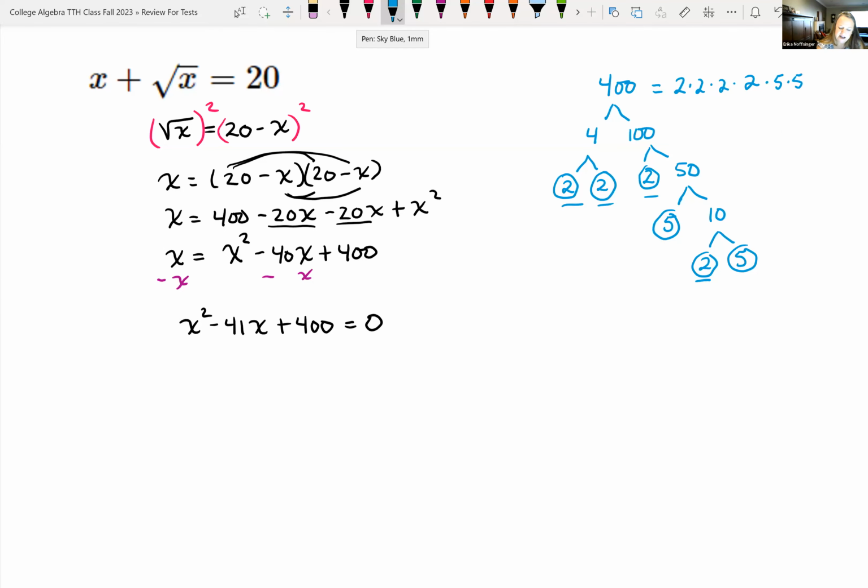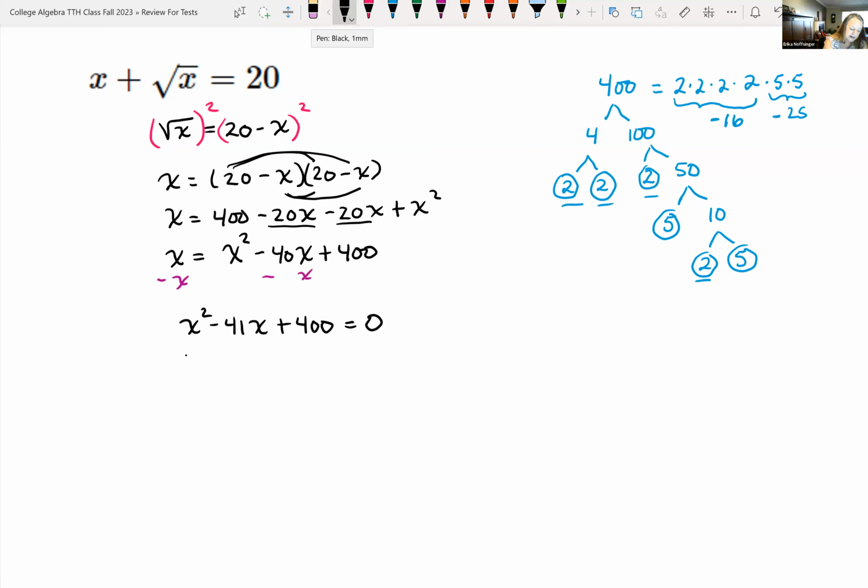So 5 times 5 is 25. 2 times 2 times 2 times 2, 2 raised to the 4th power is 16. Notice if you sum those, that's 41. If we make those both negative, negative 16 plus negative 25 is negative 41. And negative 16 times negative 25 is positive 400.